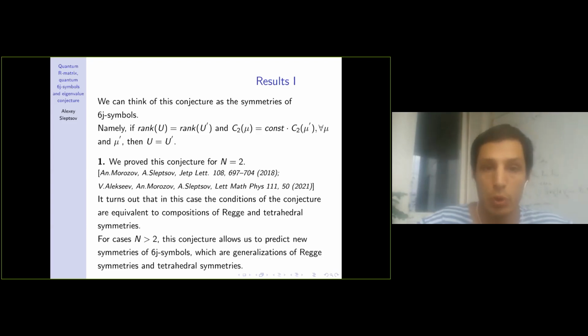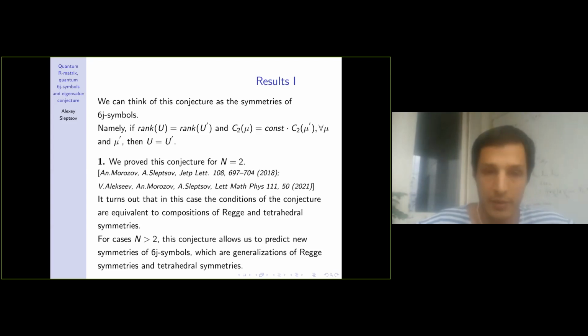First of all, we proved this conjecture for N equals 2, I mean, for quantum algebra. It turns out that in this case, the conditions of the conjecture are equivalent to compositions of Regge and tetrahedral symmetries.